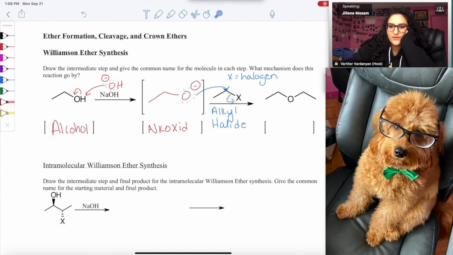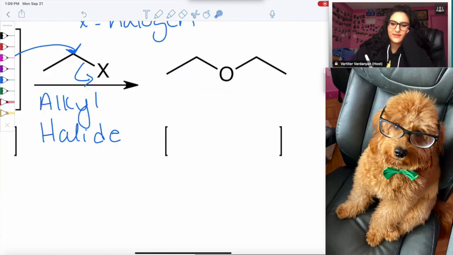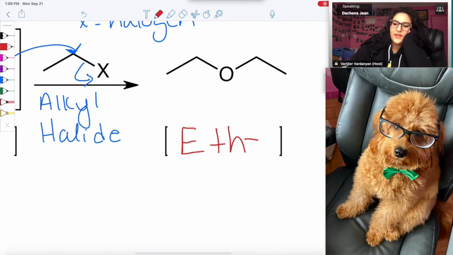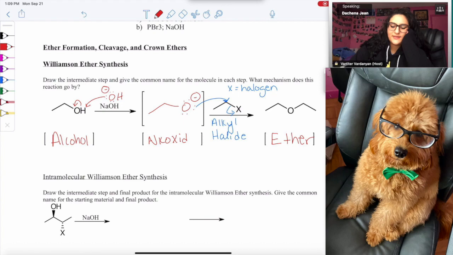Okay, I think I fixed the audio issue. But yes, it acts like a nucleophile, it attacks the carbon, and we make this functional group. What is this? An ether, sweet. Cool. And this is the Williamson ether synthesis.